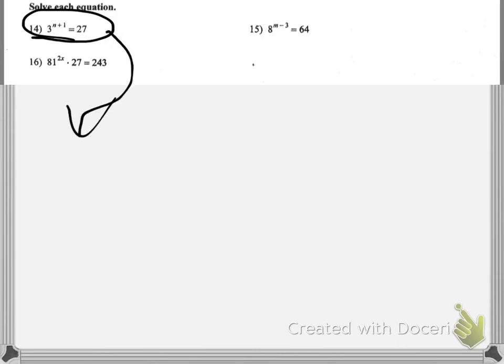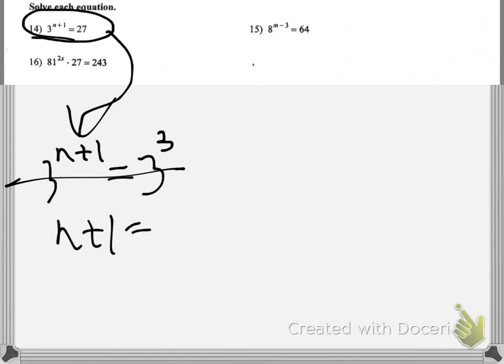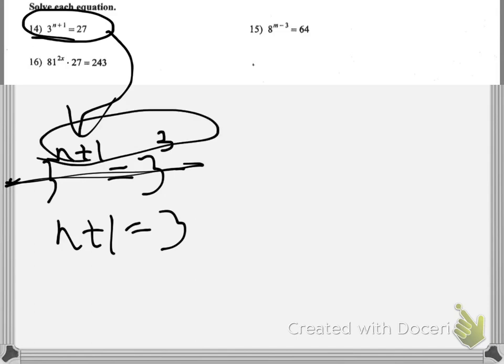And so if I had this 3 to the n plus 1, if I saw that, I would also remember that 27 is also a power of 3. That's 3 to the 3. And if that's the case, then that means n plus 1 is the same thing as 3. So we can just not worry about the base numbers anymore. So n plus 1 equals 3, or in other words, keep the exponents. This n plus 1 equals this power of 3.